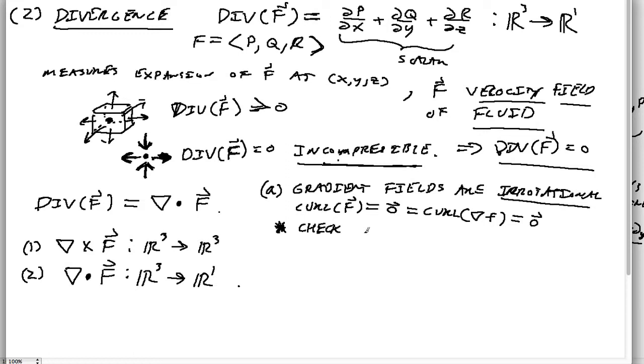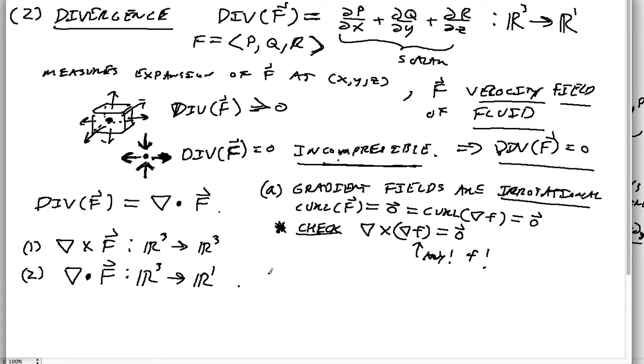It's pretty straightforward to check: the gradient operator crossed with a gradient vector defined by a potential function, and this works for any f, is always going to give you the zero vector. It won't take you too much work.